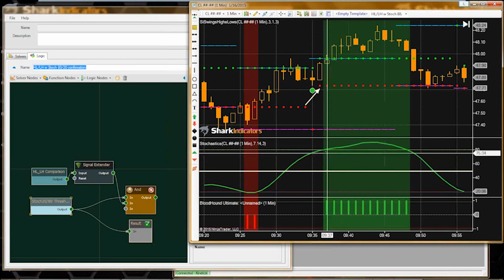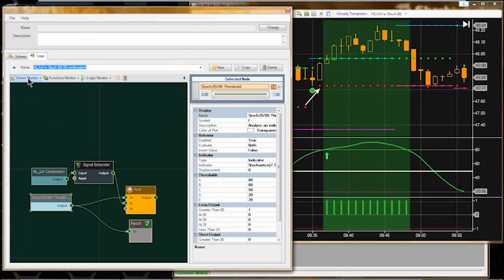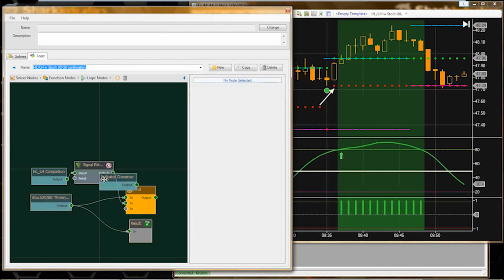But I think the point that Tom's really interested in is just when our stochastic crosses that 80 or when it crosses that 20. So we could replace this with a crossover, and that would give us just one clear discrete signal instead of a whole series of signals in a row. I'm just waiting for this crossover solver to pop up here.